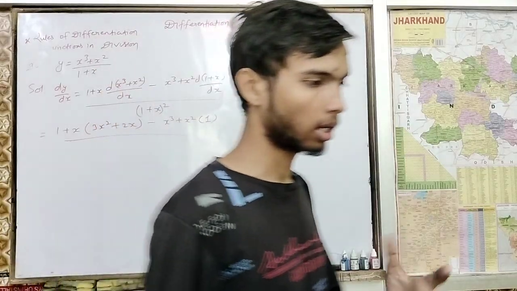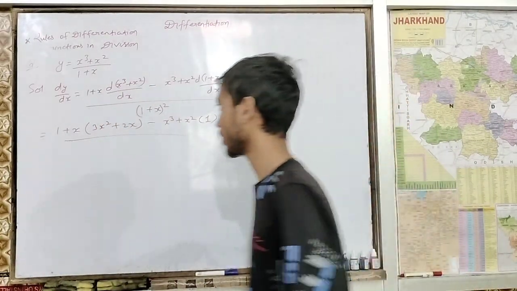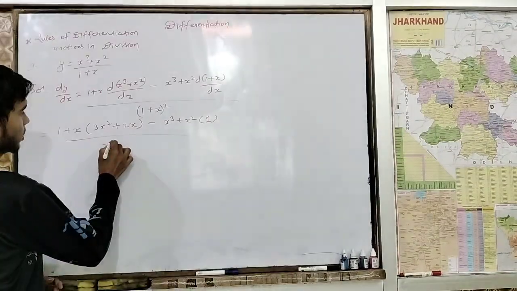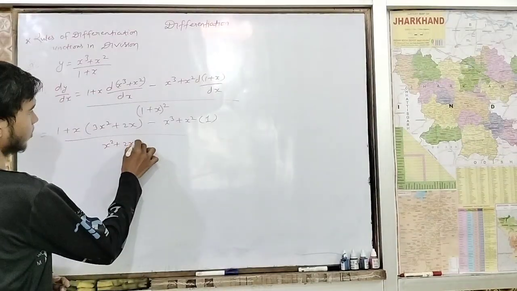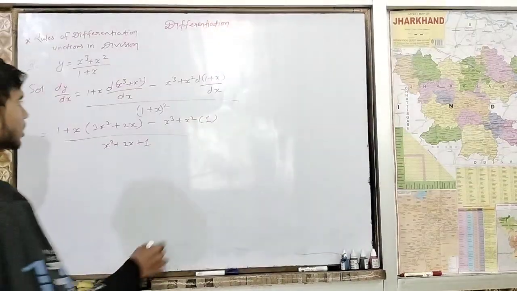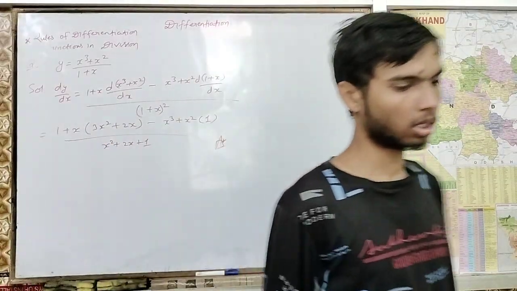Here algebraic identities can be applied, that's why we will apply it over here. (1 plus x) square is nothing but x square plus 2x plus 1. That's it. Till here, this is your answer.